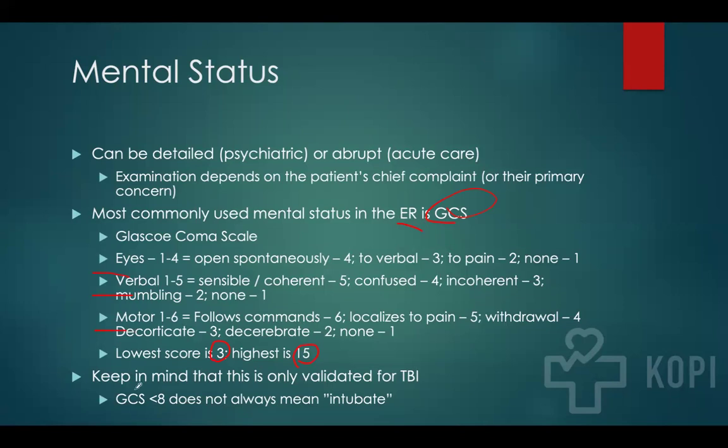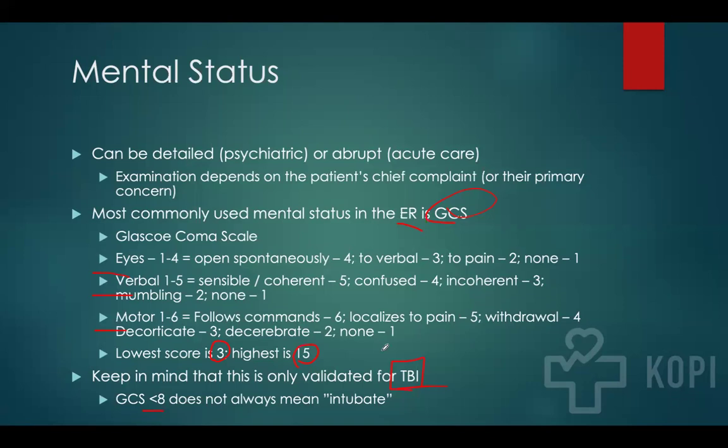Remember that this was only actually validated back in the day, back in Scotland and Glasgow, for TBI. So just know that the GCS of 8 that we always assume for trauma does not always mean intubate the patient. It only is validated for people who can't protect their airway in the setting of a traumatic brain injury. It's not even validated for all sets of trauma.